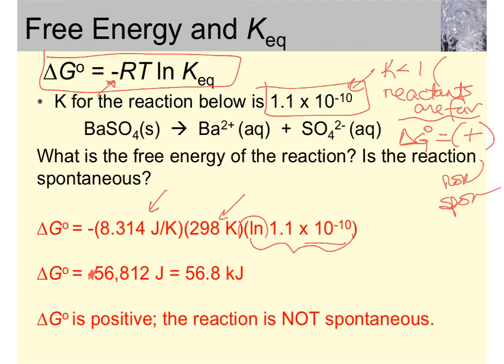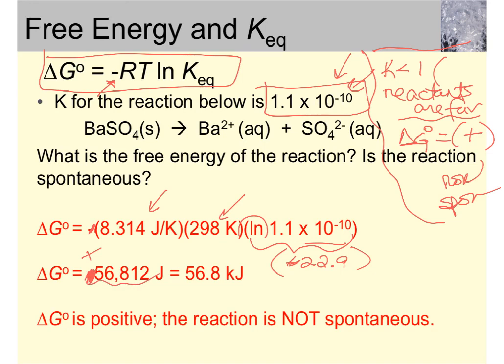So the natural log of 1.1 times 10 to the minus 10 is minus 22.9. And so the two negatives are going to cancel each other out, so your final answer has a positive value. And see, I caught myself because, going through this in the beginning, I know that with this small K value, delta G better be positive. So I knew right away this negative I had there originally is not right.